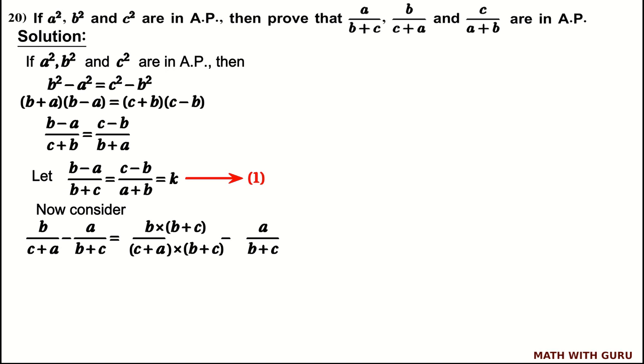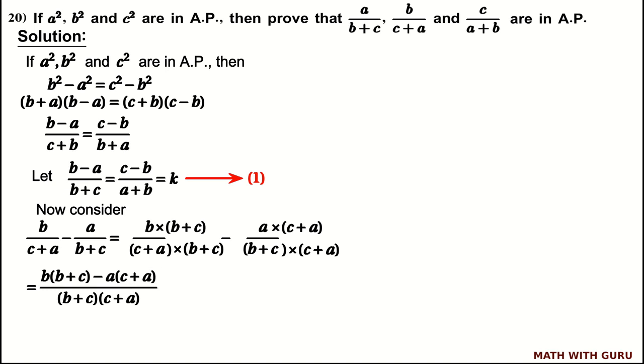Multiply the numerator and the denominator of the first term by b plus c, second term by c plus a. Then we get b into b plus c minus a into c plus a whole divided by b plus c into c plus a. This is equal to b squared plus bc minus ac minus a squared divided by b plus c into c plus a.